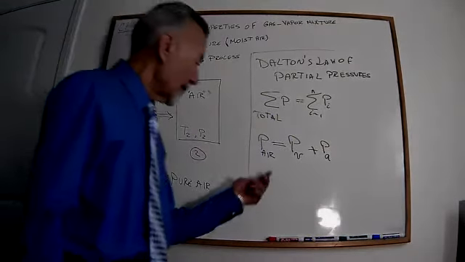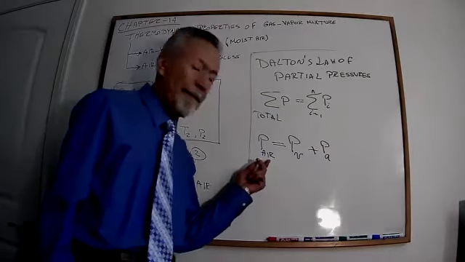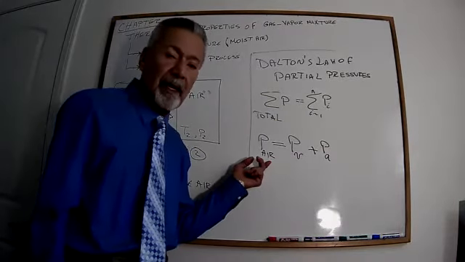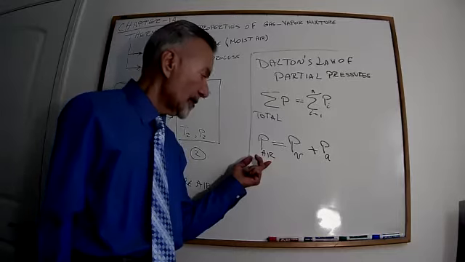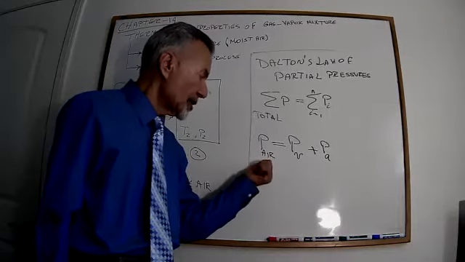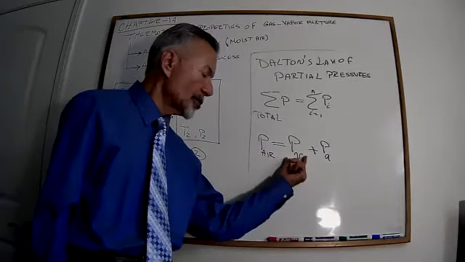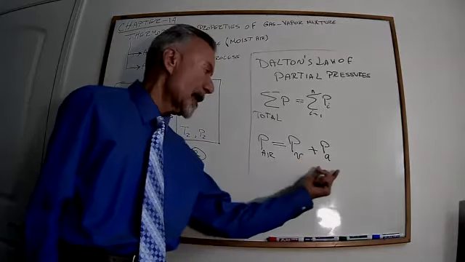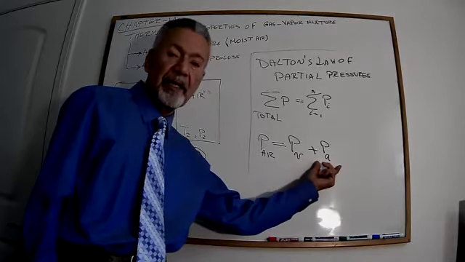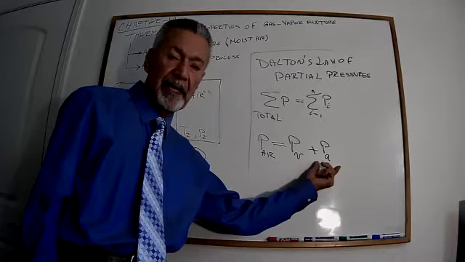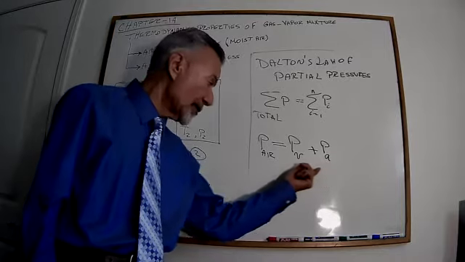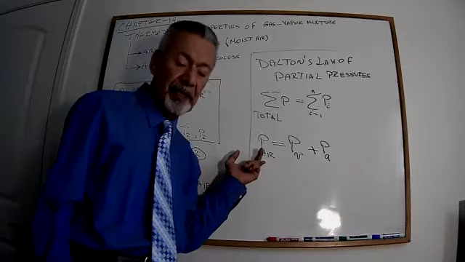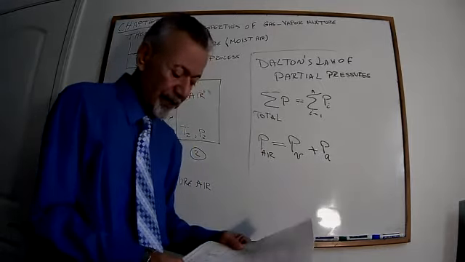So if we say the outside pressure is 14.7 psia or 101 kilopascal, that pressure is equal to the partial pressure of the vapor in the air plus the partial pressure of the dry air in the air. If we add them together, we get the atmospheric pressure, the outside air pressure.